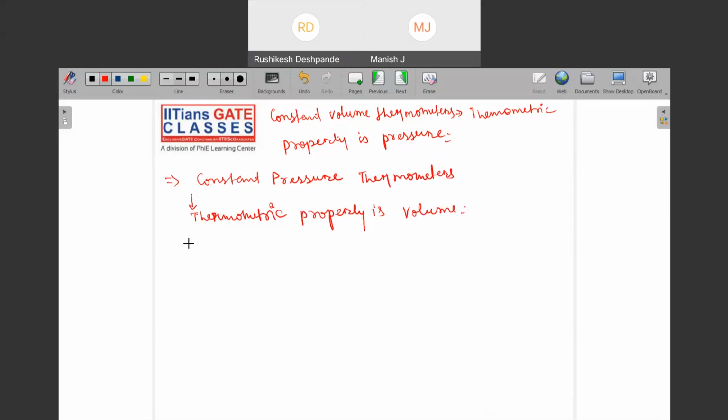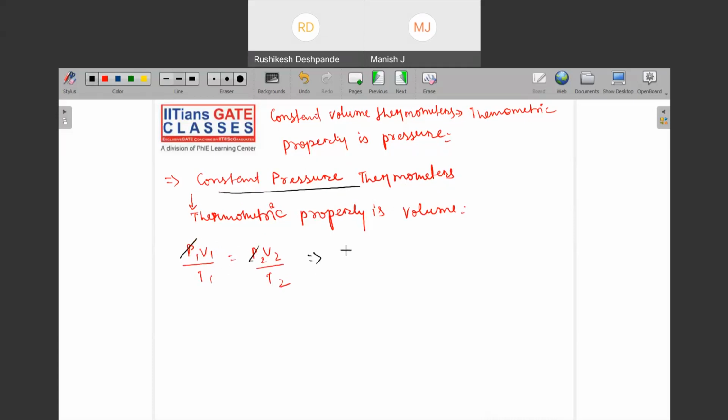Again I directly write the ideal gas equation and cancel the M R term. Since it is a constant pressure thermometer, I can cancel the pressures also.